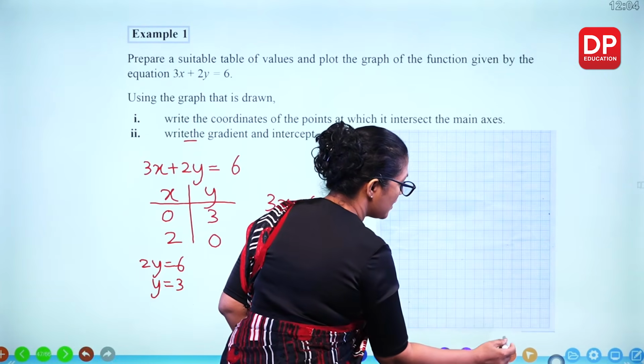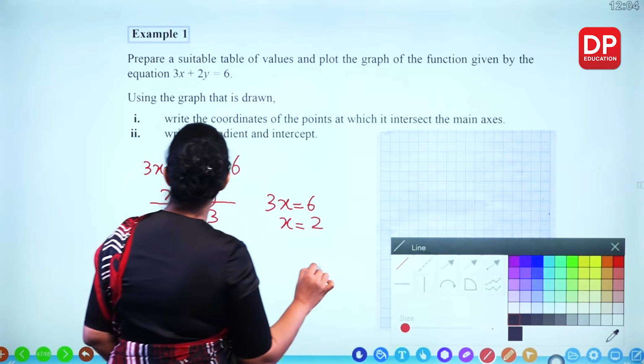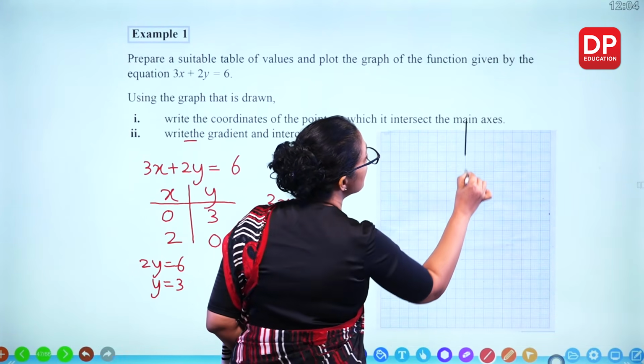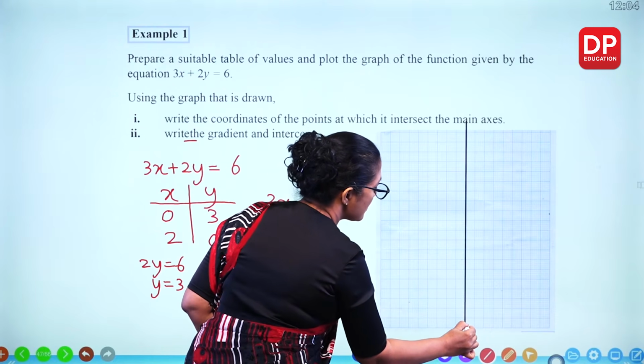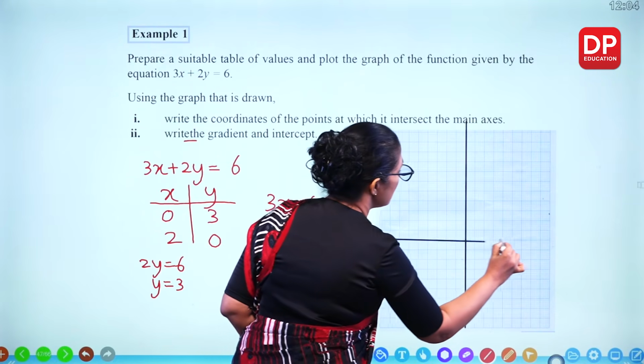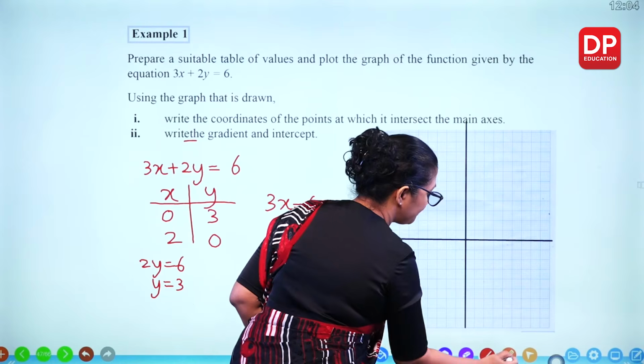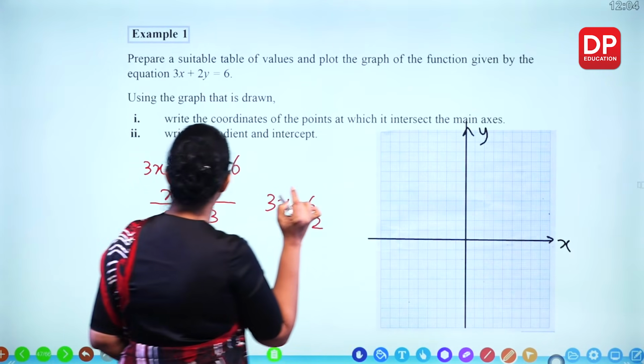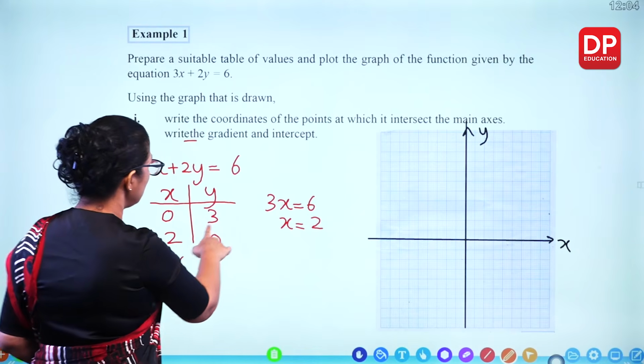So we'll take the 2 axes. This is the y-axis and this is the x-axis. This is x, this is y. So we need to mark just 3 and 2.